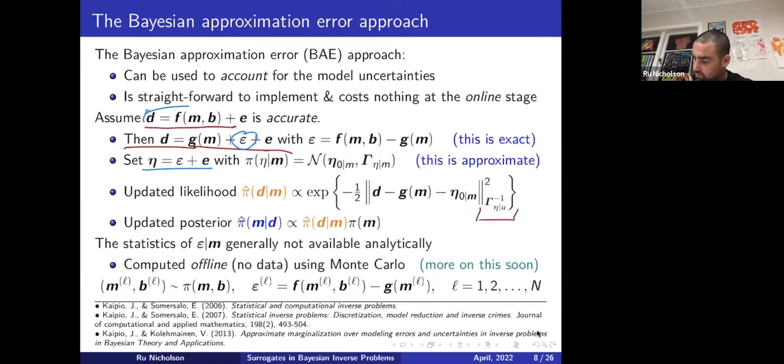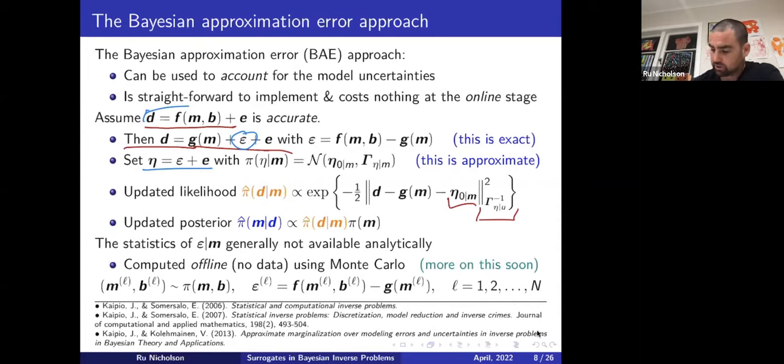It's just that the weight on the norm, so the covariance, changes, and the shift, or the conditional mean of the errors, is changed. And because we've updated the likelihood, this also leads to an updated posterior.